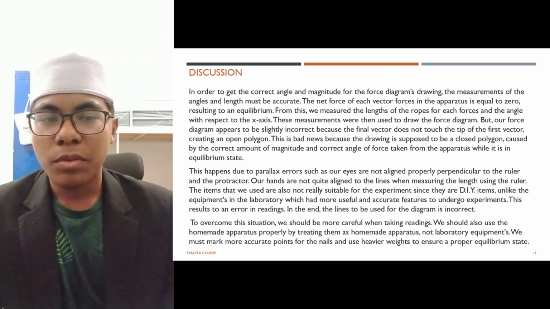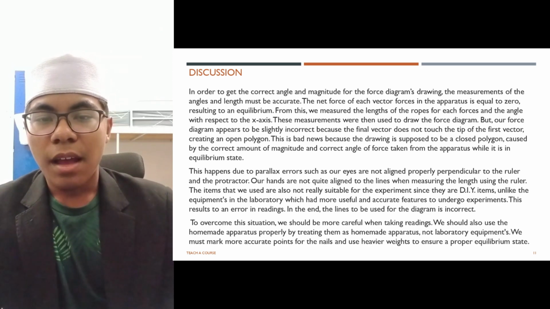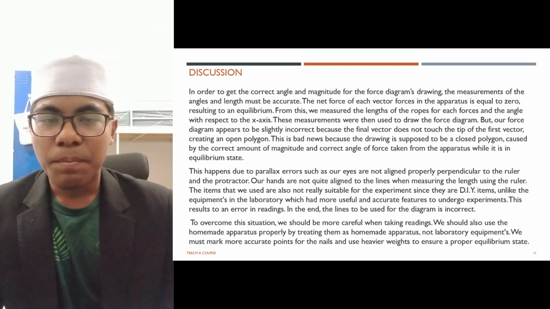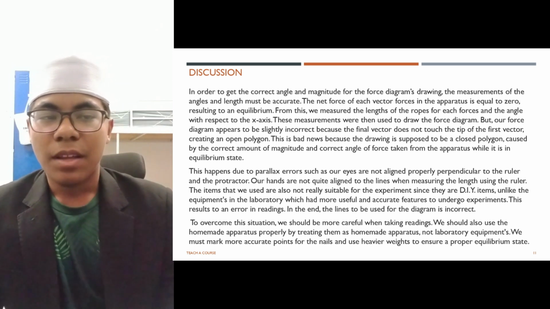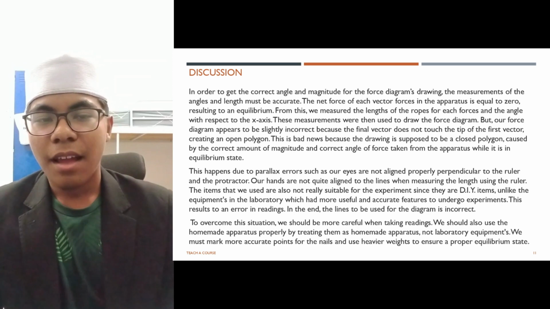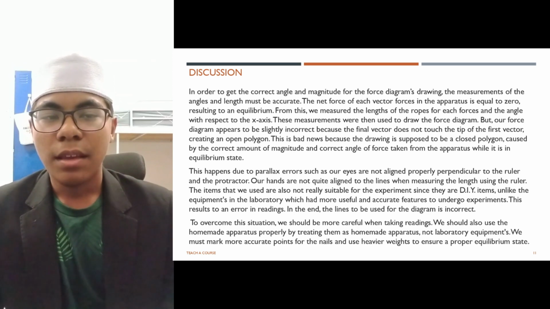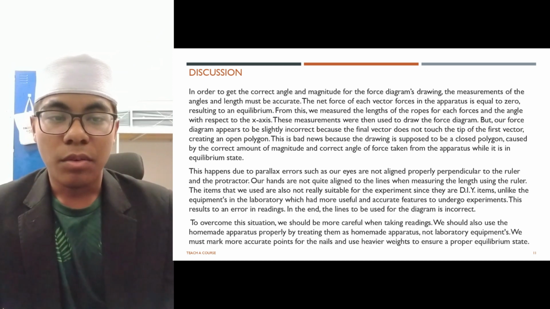This happened due to parallax error, such as our eyes not being aligned properly perpendicular to the roller and the protector. On the other hand, our hands were not quite aligned to the line when measuring the length using the ruler.